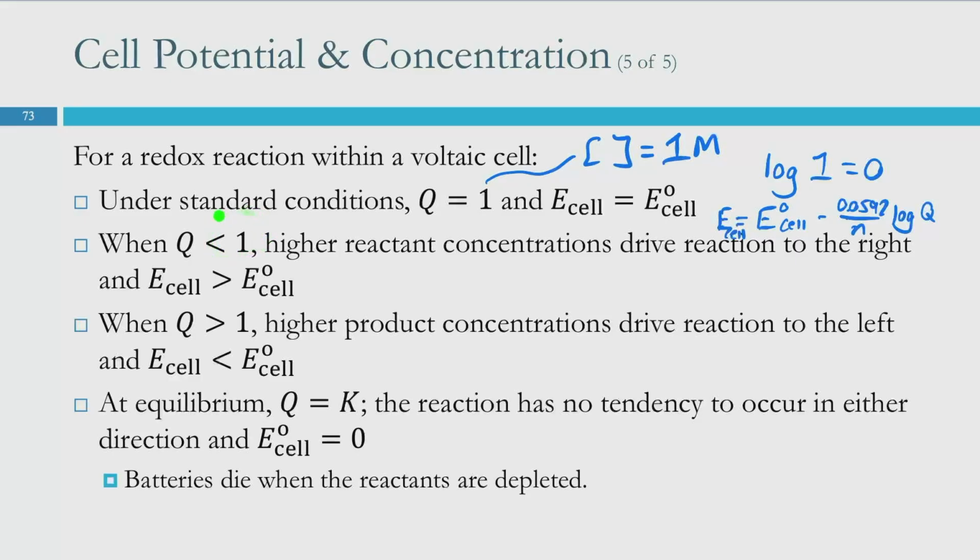If Q is less than 1, that means that we've got higher reactant concentrations, since reactants are on the bottom. We've got product over reactant. Reactants are on the bottom. That's relatively going to drive our reaction to the right.